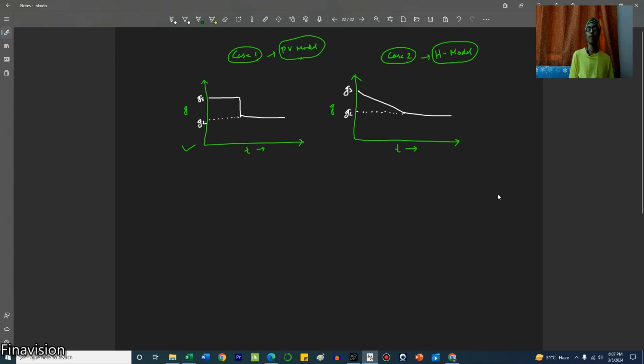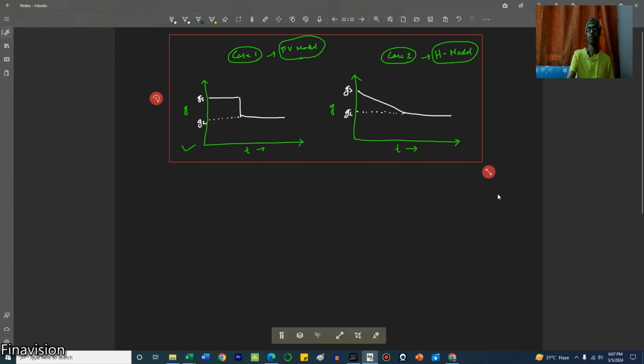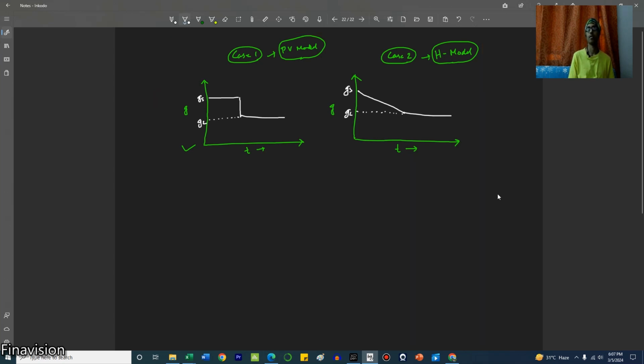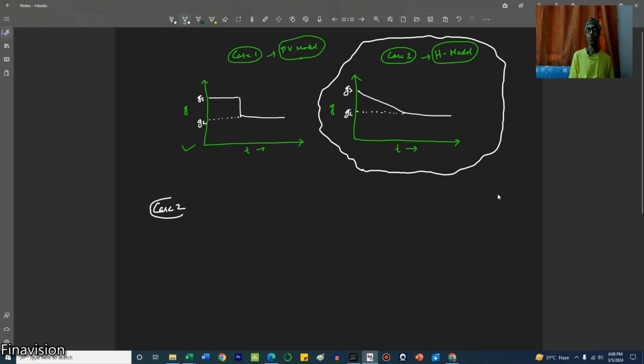Friends, now we will pay our attention to case 2, that is this one, and we will also look at how to implement the H model, right? So let's take case 2.